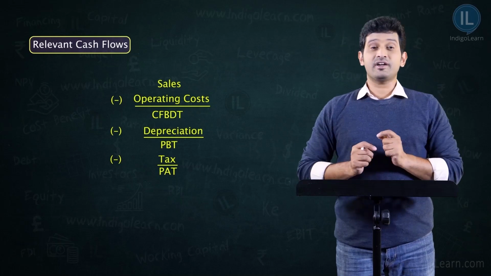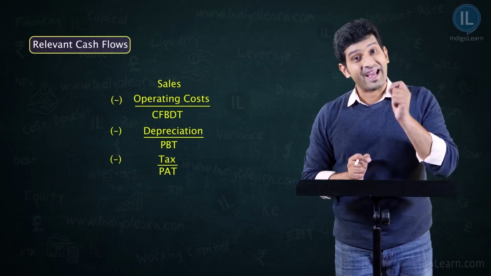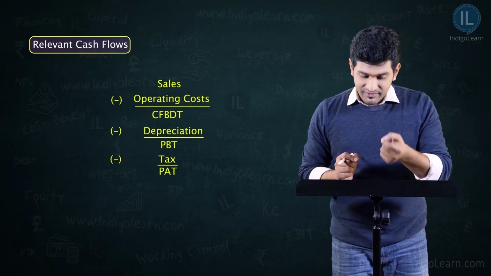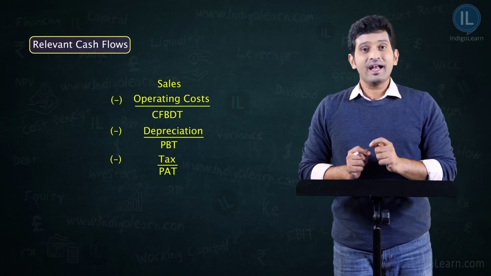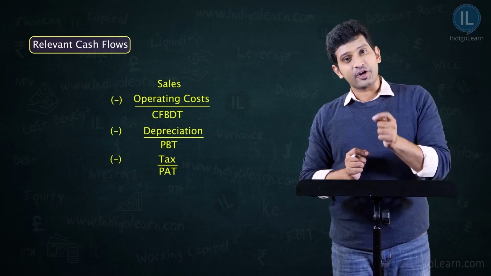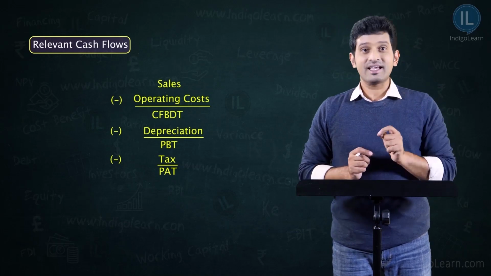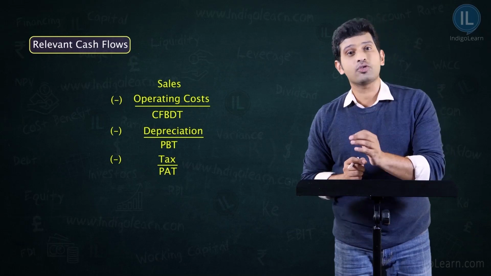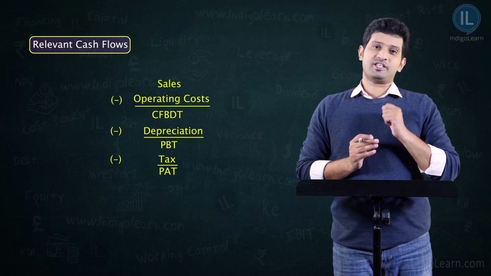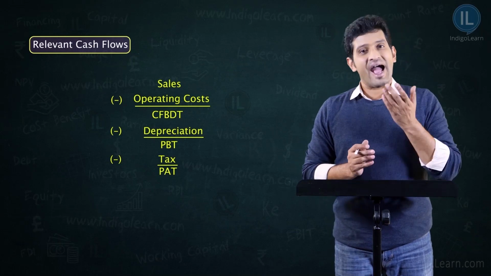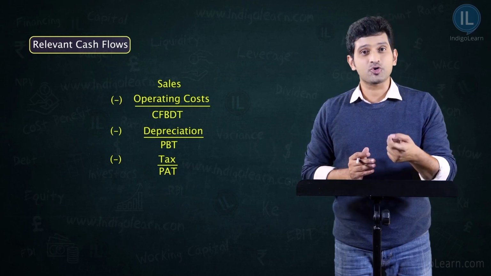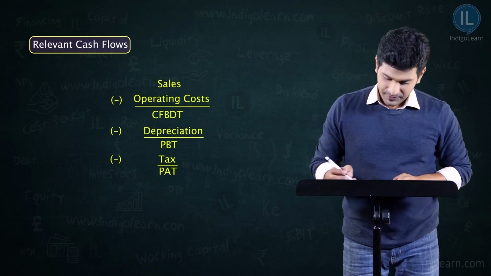But friends, we said we require the relevant cash flows. Therefore, we will not stop here, and depreciation, though it is reduced for the purpose of computation of tax, is not a cash outflow. It is a non-cash expense. Hence, to know the actual cash value, we are supposed to add back the depreciation.